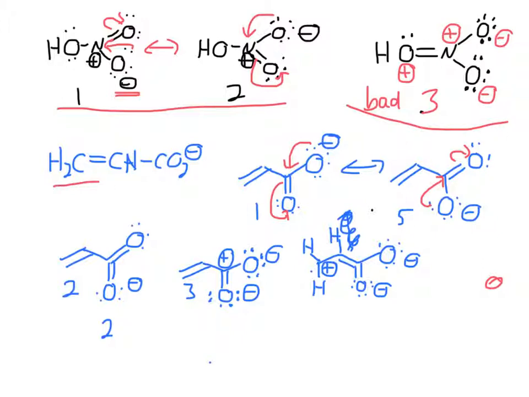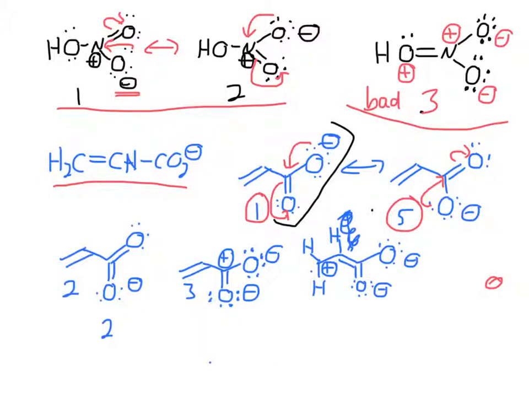For the formula underneath, H2C double bond CH CO2 minus, I have drawn the 2 appropriate resonance structures: number 1 that you had drawn, your first one, and number 5 which you had not drawn. This is another example of an allylic system where we have a charged oxygen.